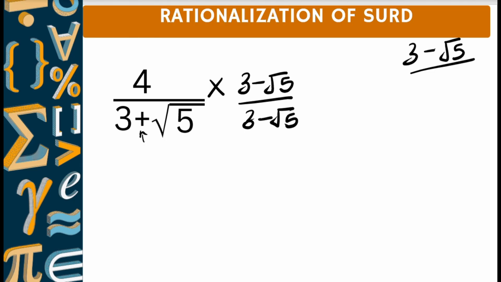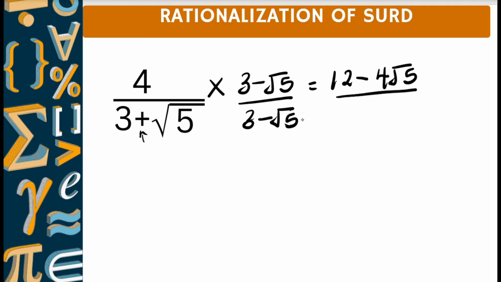So I'm going to quickly do my multiplication. Here will be equal to 12 minus 4 root 5. And here I will have 9 minus 3 root 5 plus 3 root 5 minus root 25.